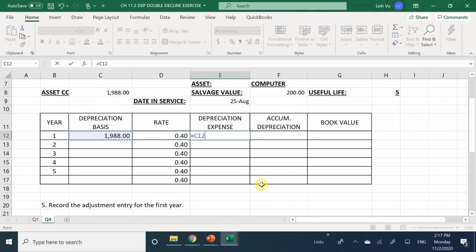So we're going to multiply this by how many months? 4, out of how many months? 12. And what do you get? $265.07.